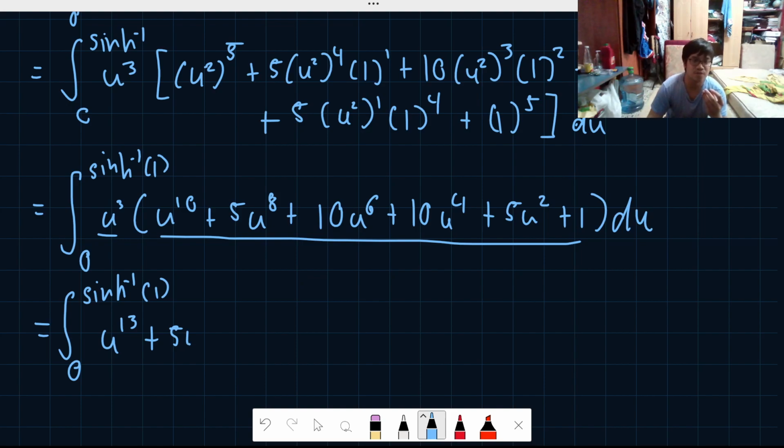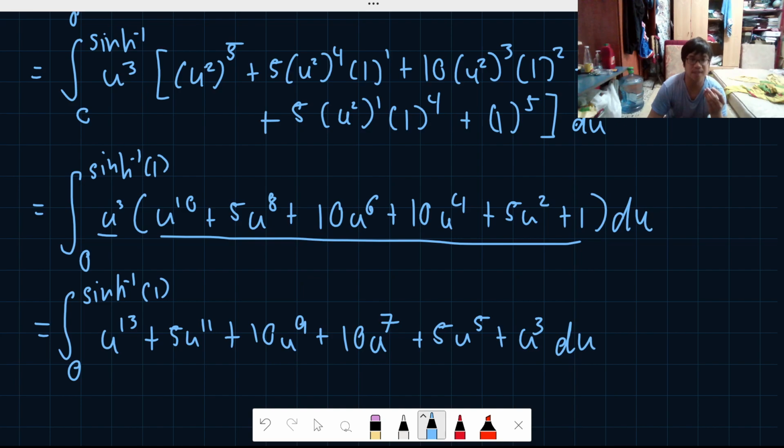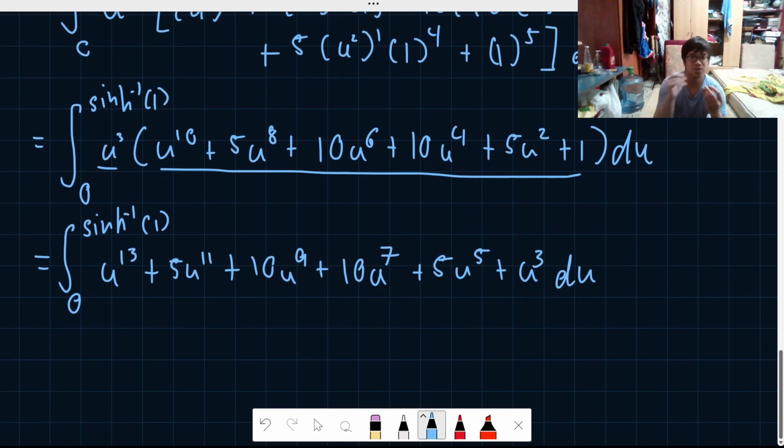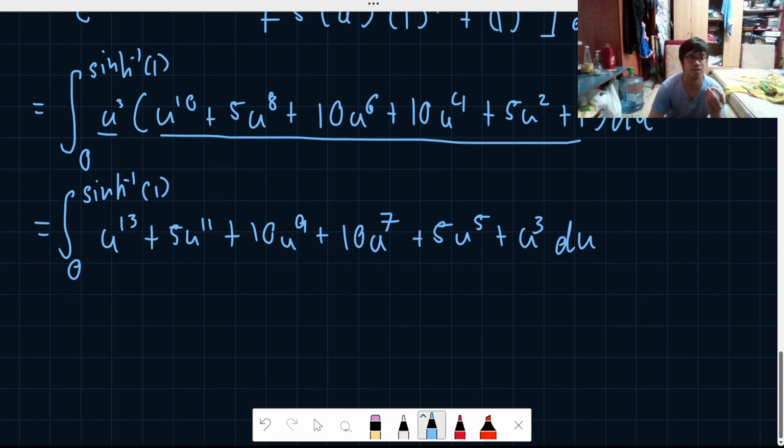So 5u raised to 11 plus 10 times u raised to 9 plus 10 times u raised to 7 plus 5 times u raised to 5 plus u cube du. All right, that's it. Just making sure: 3 plus 10, 13. 3 plus 8, 11. 3 plus 6, 9. 3 plus 4, 7. 3 plus 2, 5. And that's it, u cube.